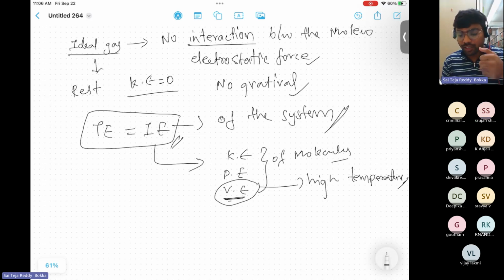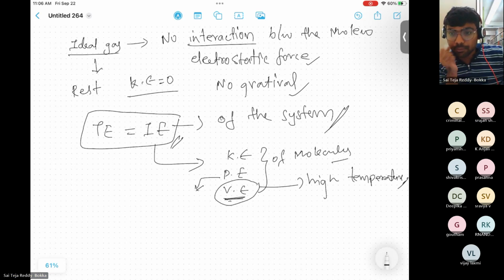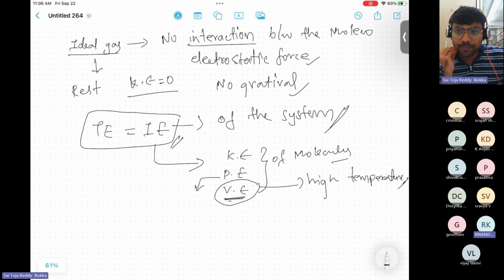As I said, there is no electrostatic force between the molecules in the absence of gravitational force. Do we have PE? PE ఉంటుందా? ఉండదు. Why, for what reason?